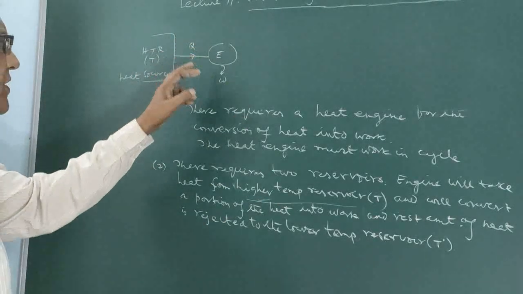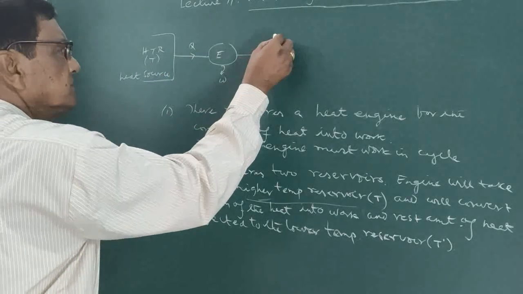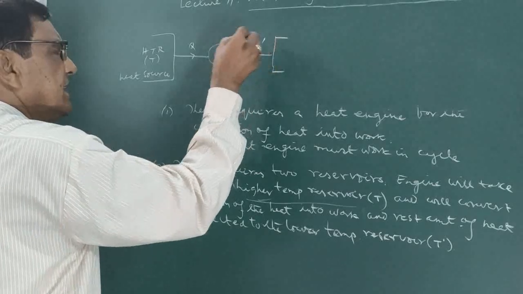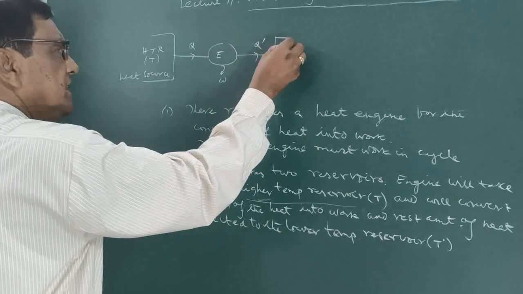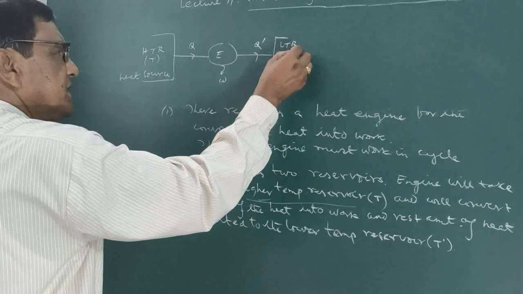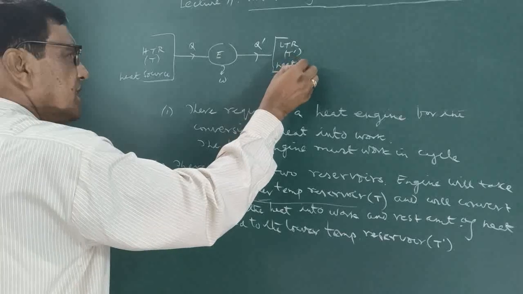A portion of heat is converted into mechanical work, and this rest heat is Q dash supplied to this LTR, lower temperature reservoir, at this temperature T dash, and it is the heat sink.